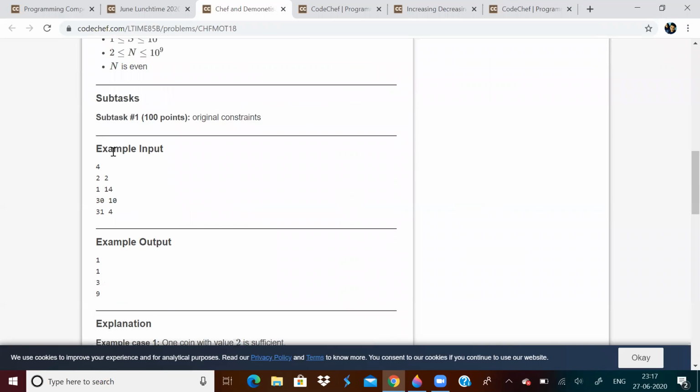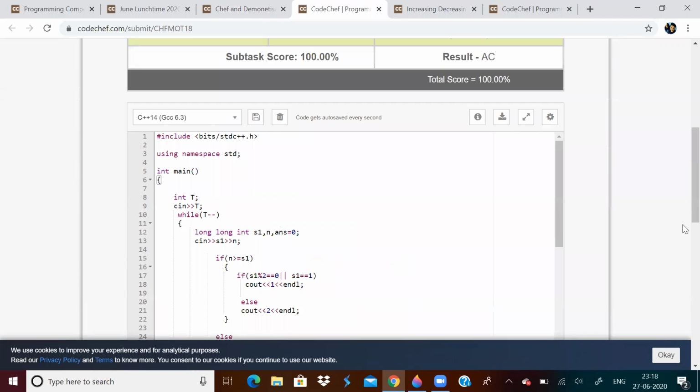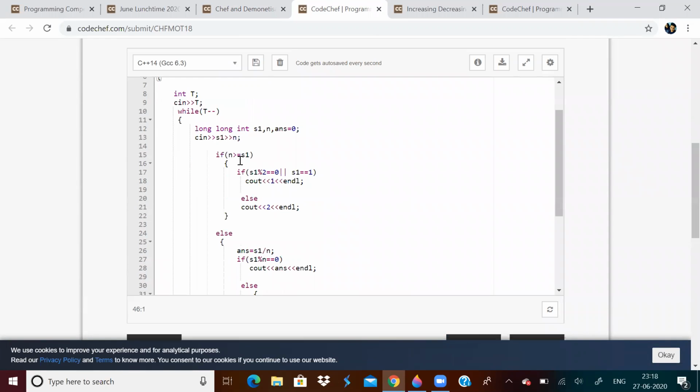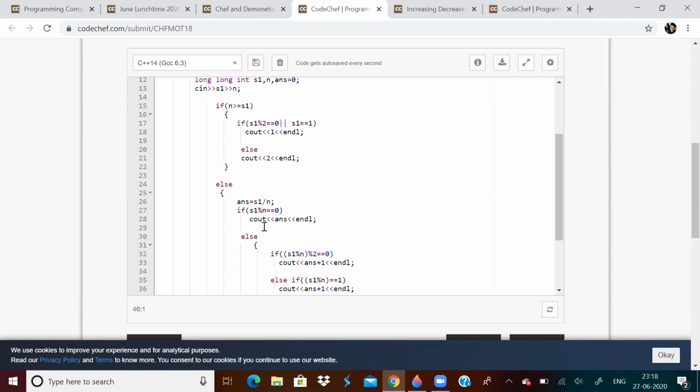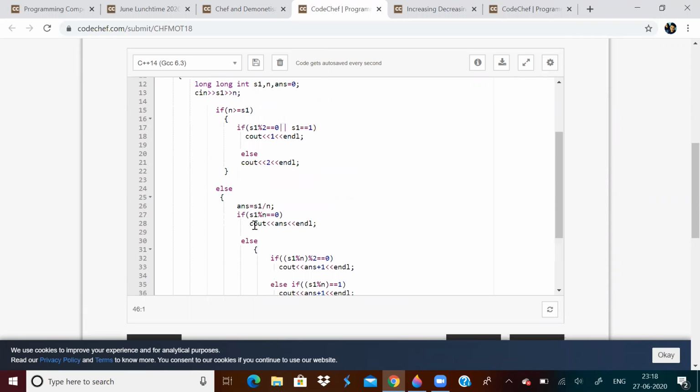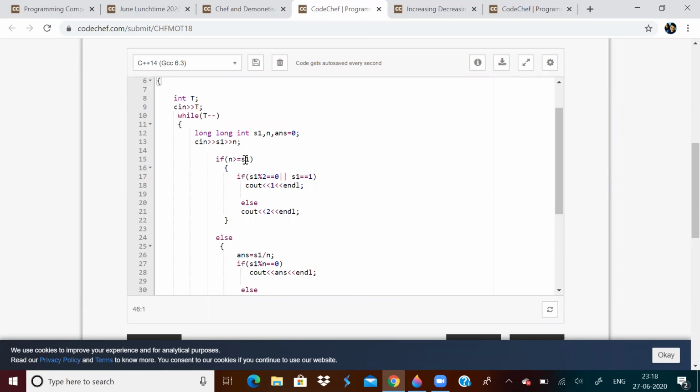So by looking at the test cases, you will get to know there are broadly two categories. One is if n is greater than s or n is less than s. That is, n is greater than or equal to s or n is less than s.